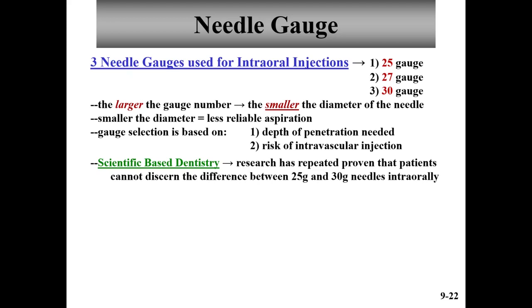It's important for you to understand, because patients will think, and some older dentists will tell you, that a 30 gauge needle, because it's a smaller diameter, causes less patient discomfort. Scientific based research has shown, it's been repeatedly proven, that if you blindfold the patient and you inject them with a 30 gauge or with a 25 gauge intraorally, they cannot feel the difference.